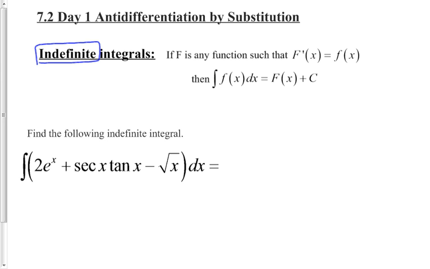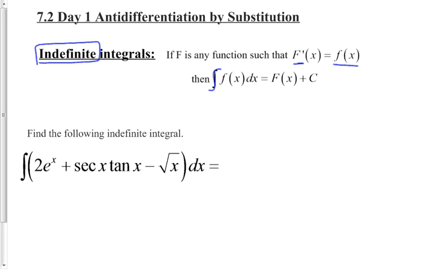Basically, it says if capital F is any function such that if you take the derivative of that capital F of x, you will get small letter f, then if you go and reverse and take the integral of that small letter f, you will get its antiderivative, capital letter F of x, plus some constant c.